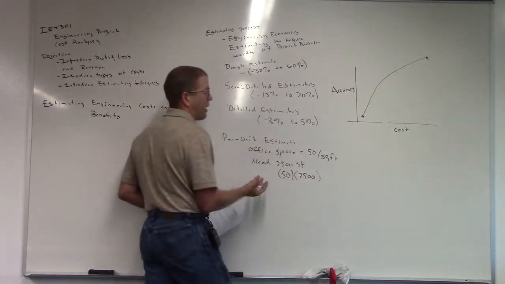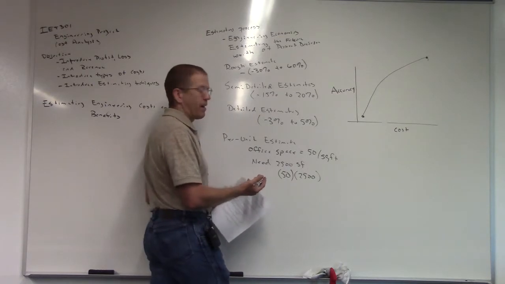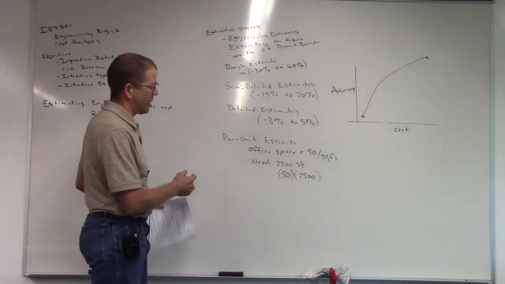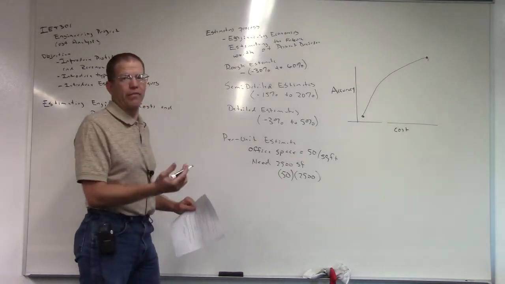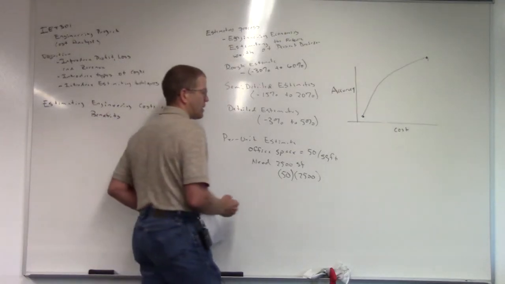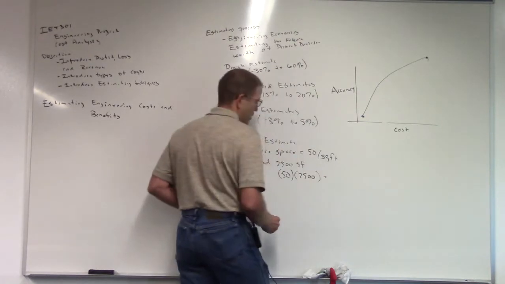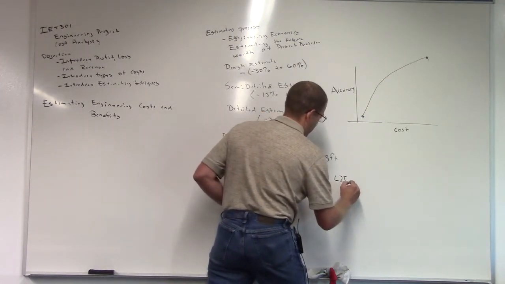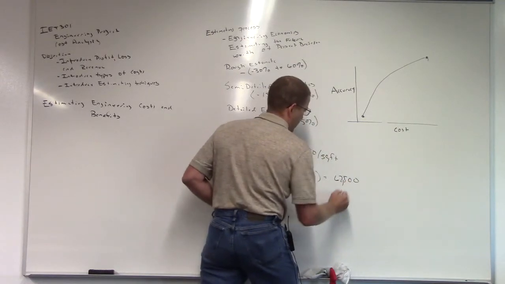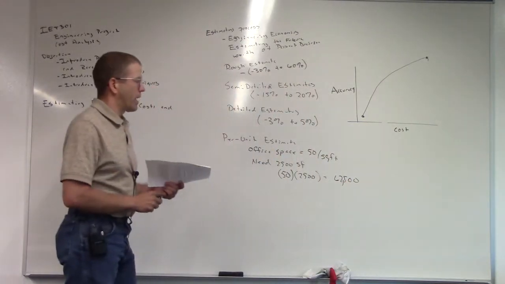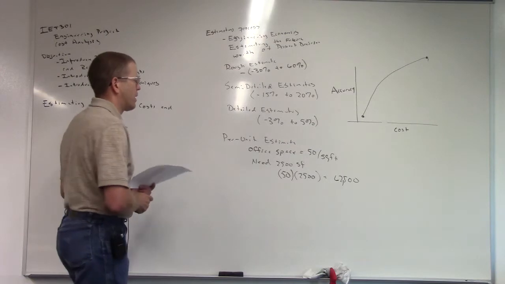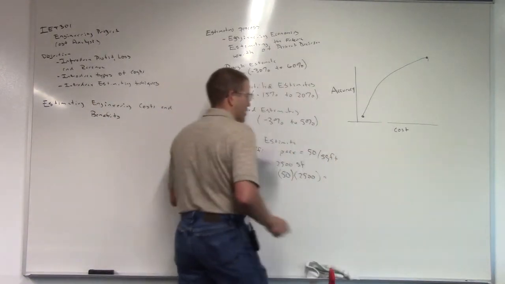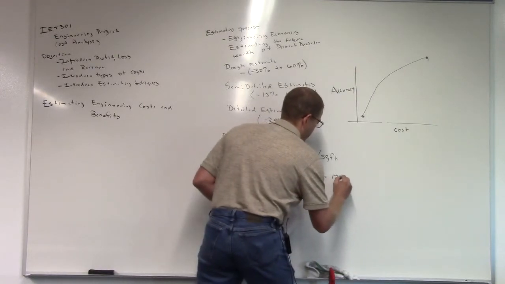Keep in mind that you can use the per unit analysis techniques that you have learned in chemistry and physics and elsewhere to perform these multiplications. But we would see that we have a cost estimate of about $62,500. Actually, no, I'm sorry, that should be $12,500.